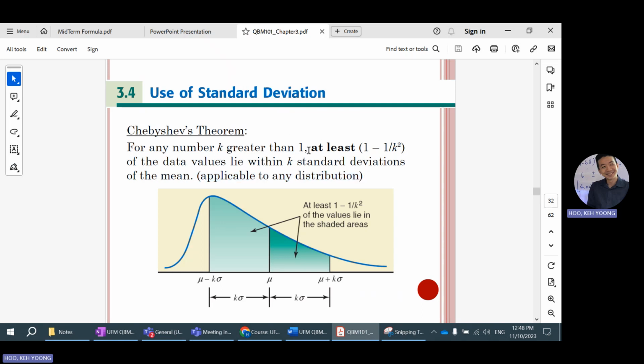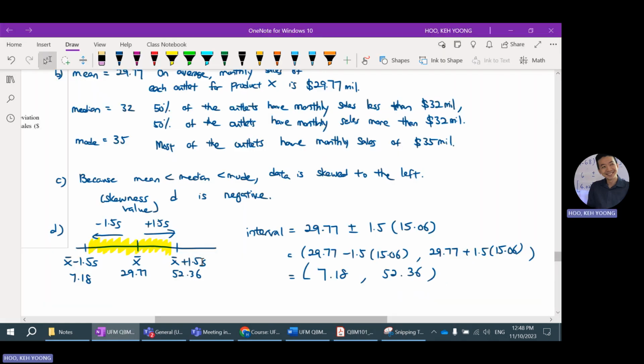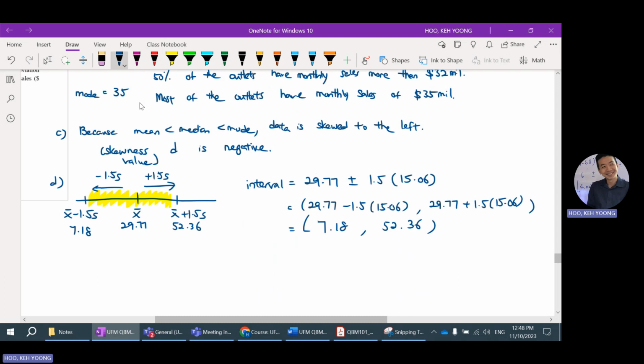Using this, we can find at least what percentage of the data will lie within k standard deviations away from the mean. What is the k value here? My k is 1.5 times standard deviations away from the mean.